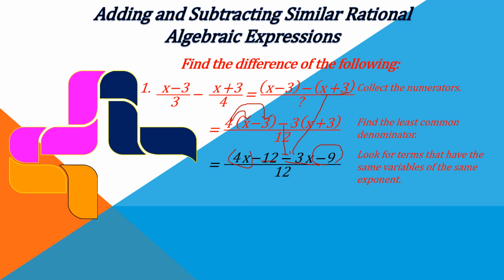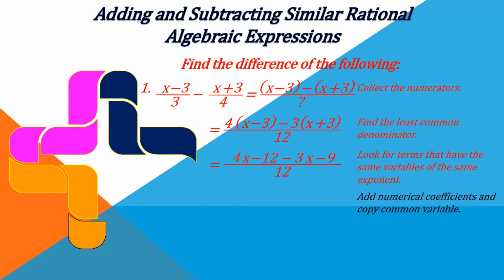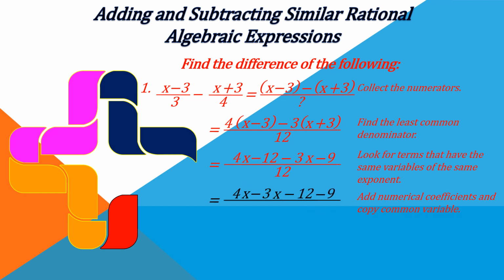Now, the first thing to do is look for terms that have the same variables of the same exponent. This is equal to 4x minus 3x minus 12 minus 9 over 12. And we will add the numerical coefficients of the variables with the same exponent.